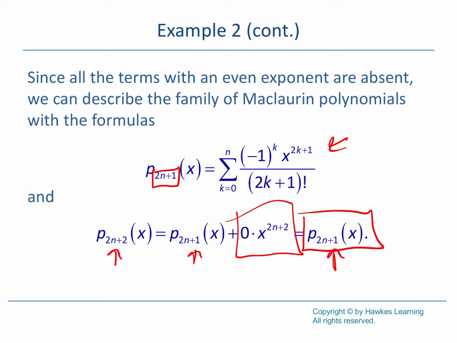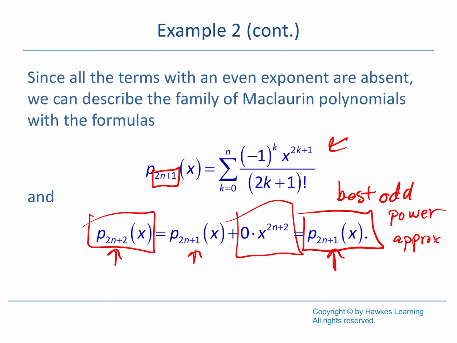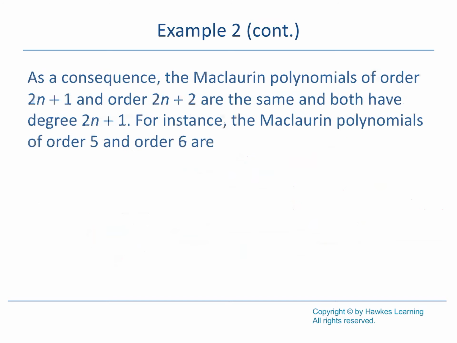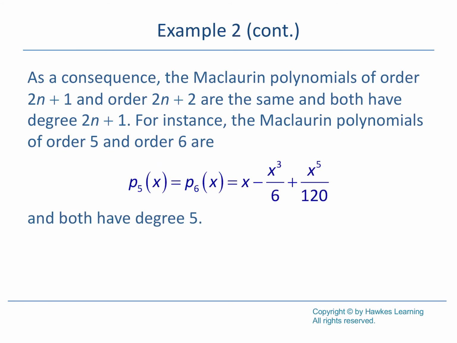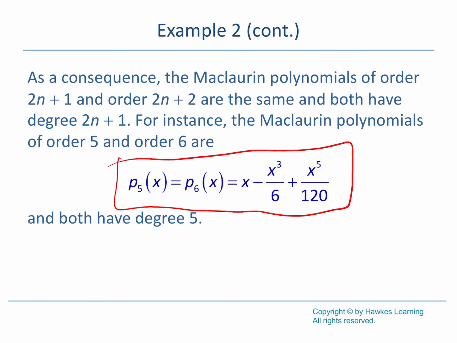But yes, this is the best odd power approximation. This is the best even power approximation. So the approximations don't get any better when you try to include the even power terms. It's just zeros. Okay, no big deal. So that's all that this is saying: both the fifth order and sixth order Maclaurin polynomials are the same thing.